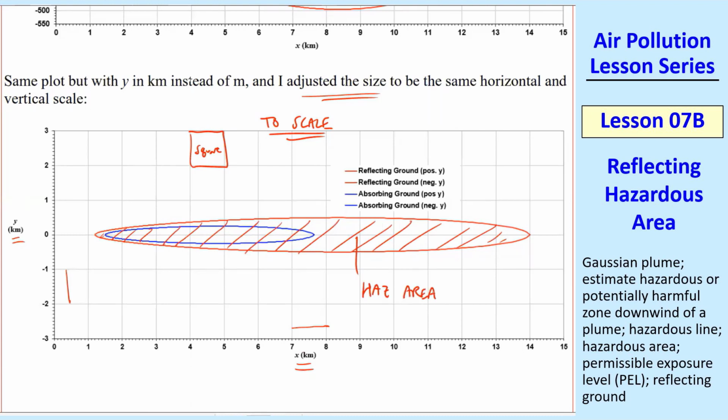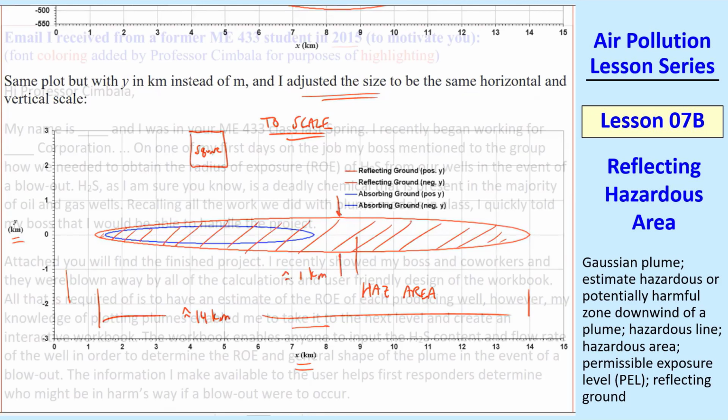If this somehow made the ground turn red everywhere the concentration was above a certain level, like it turned all the grass red instead of green, this is what you would see. You would see that area. So this area is actually quite long. It's approximately 14 kilometers in length. And as I said above, it's approximately 1 kilometer in width horizontally in the y direction.